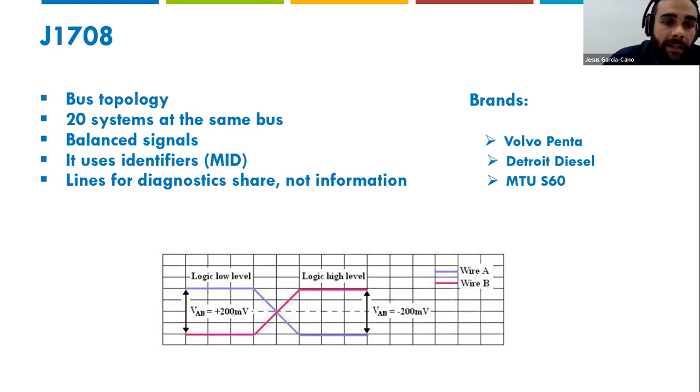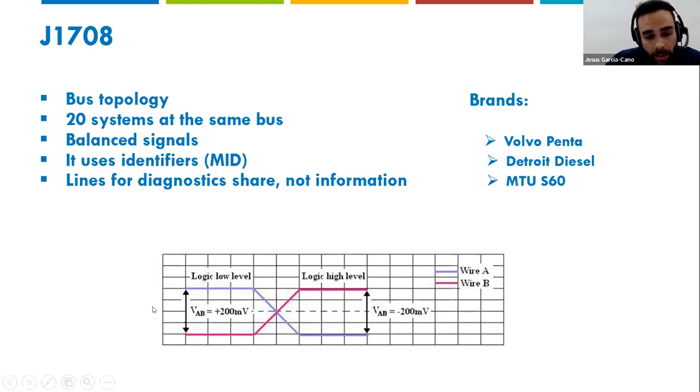Okay, J1708 has a bus topology, also like CAN lines, and the maximum in the same bus is 20 systems. In the nautical sector, it's not common to have more than 8 systems, but this protocol is prepared for a maximum of 20.